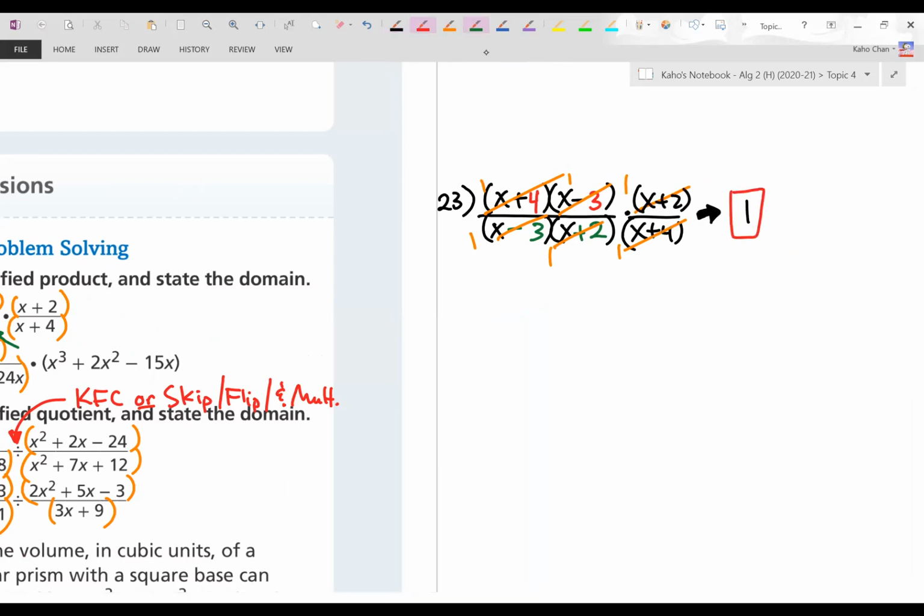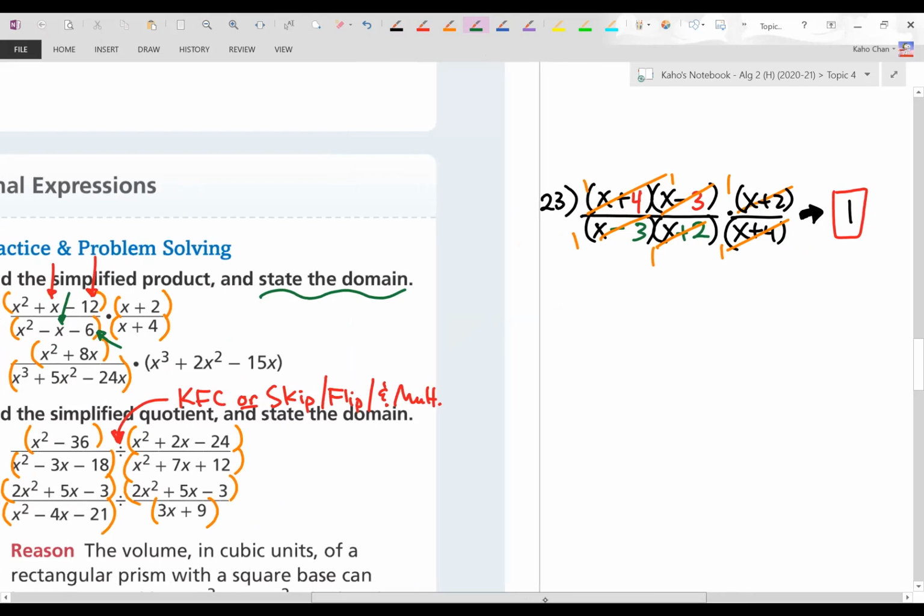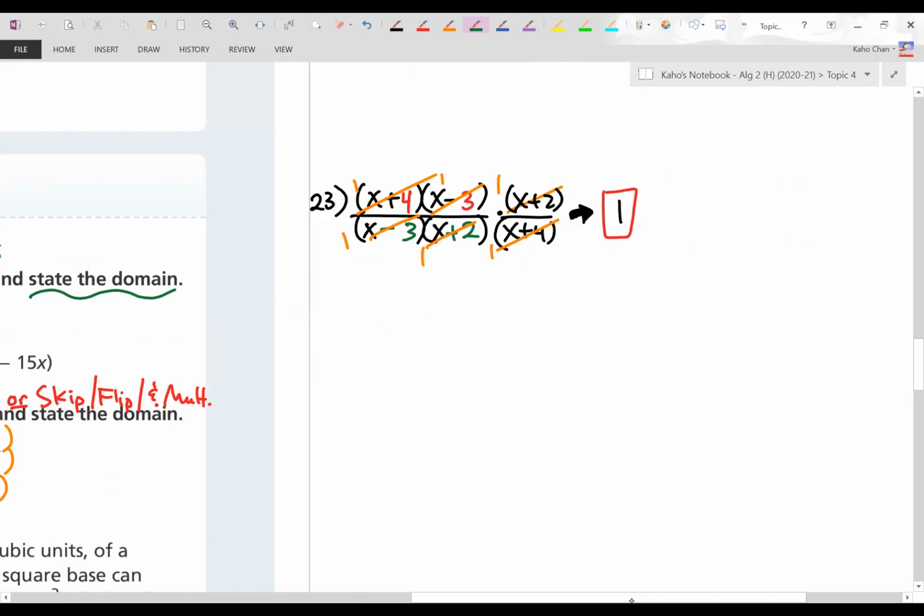But we also need to state the domain. When it comes to the domain and fractions, you cannot divide by 0. The domain is linked to those vertical asymptotes. You want to look here, here, and here. We have 3 factors in the denominator that are not part of the domain.